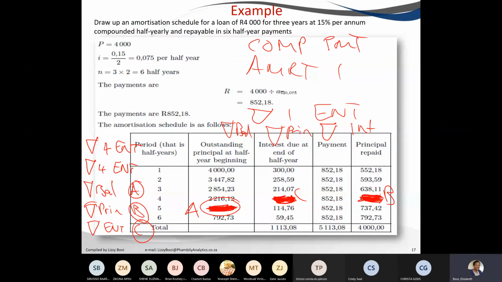What will be the accumulated amount that they will have to pay at the end of? To calculate that, easy, because if you have the table like this, you will just say that will be the accumulated amount at the end of year 3.